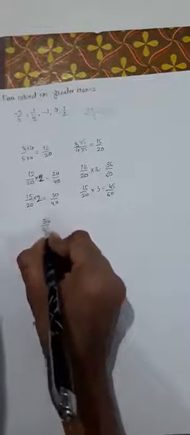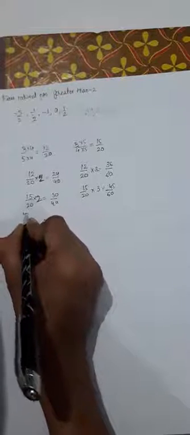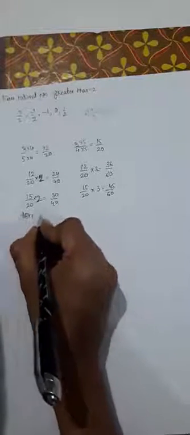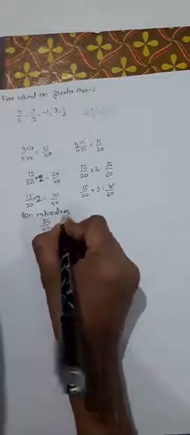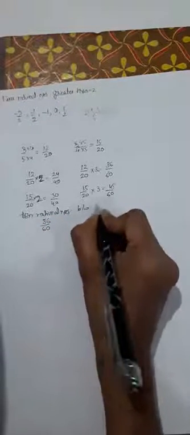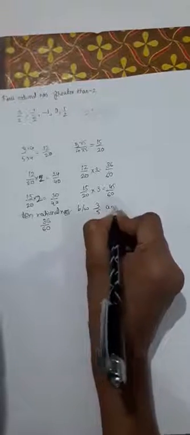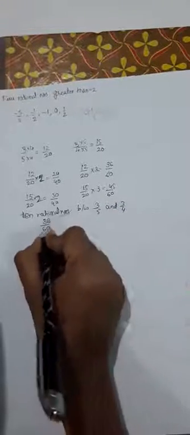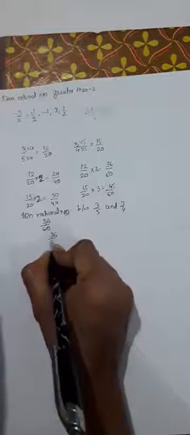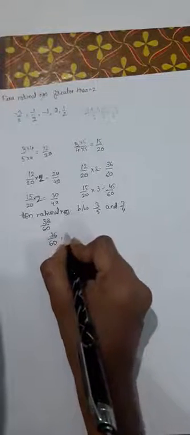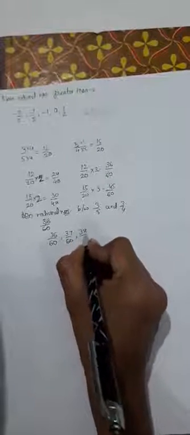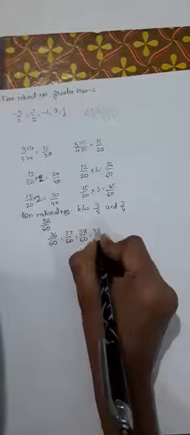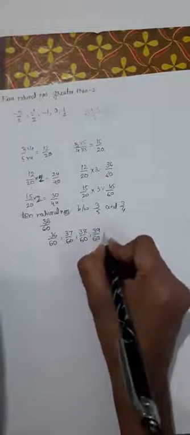36 by 60. 10 rational numbers between 3 by 5 and 3 by 4 are 36 by 60, 37 by 60, 38 by 60, 39 by 60.